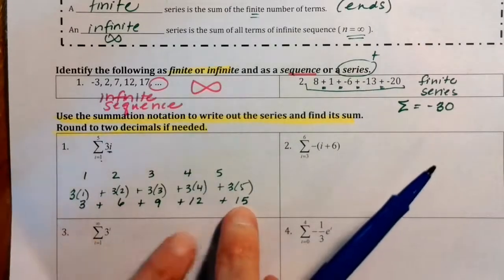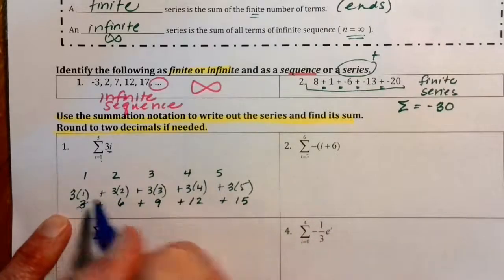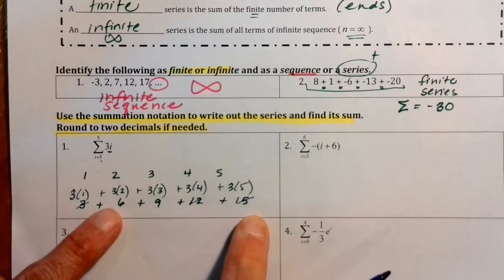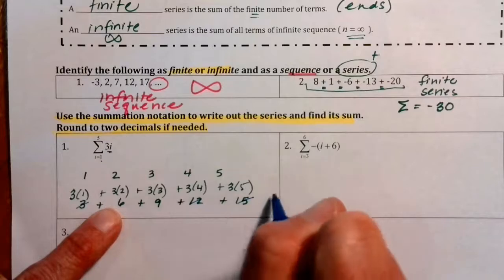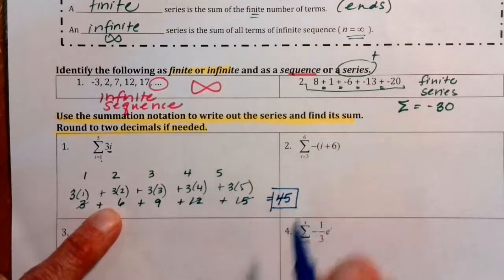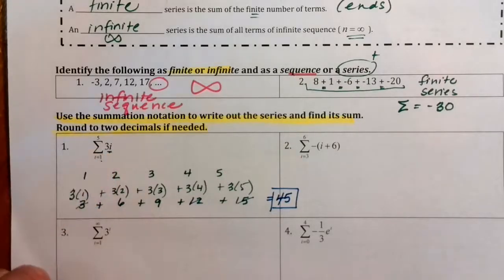I know that 12 and 3 is 15, 15 and 15 is 30. So I can do some mental math by doing that. 6 and 9 are 15, so 15, and my other 30 is going to be 45. So 45 is my sum of 3 times each of those values.